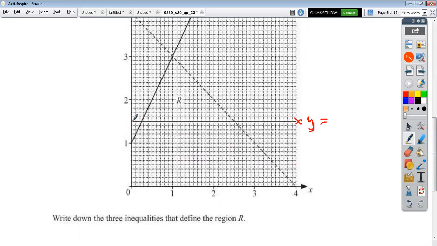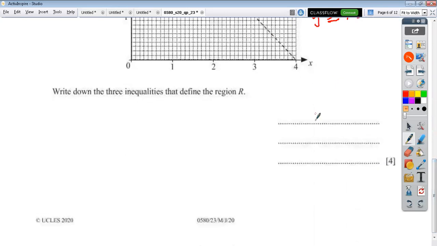Y is equal to what? 1.5. But these values are values above. So it's y is greater than, because this is a solid line, greater than or equal to 1.5. Okay, clear now? Yes, sir.